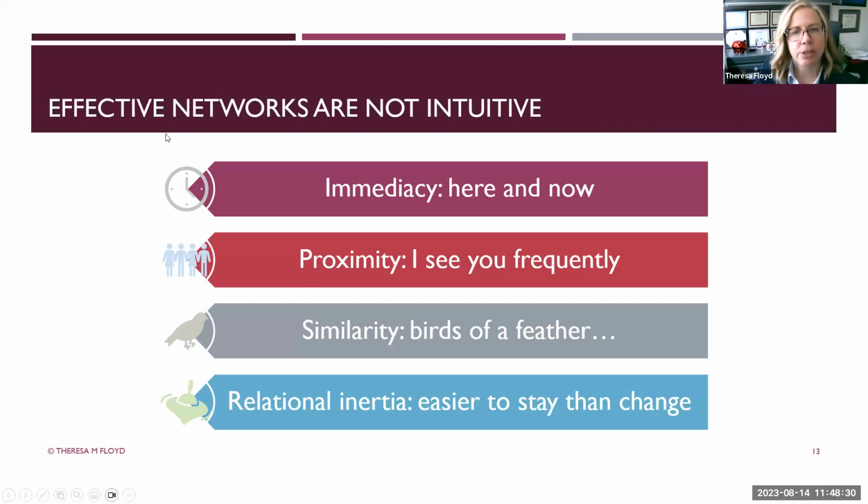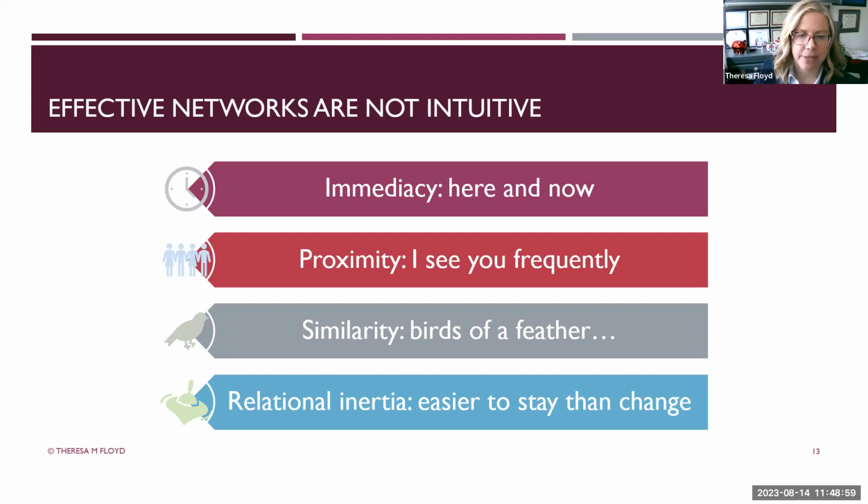And so you should know that effective networks are not necessarily intuitive. We often connect with people that help us finish the job right here and now, and we don't often think about the future. We often are connected with people who just happen to be in our close location, and so they come across our vision regularly. We often interact with people that we perceive as similar to us in some way or another.